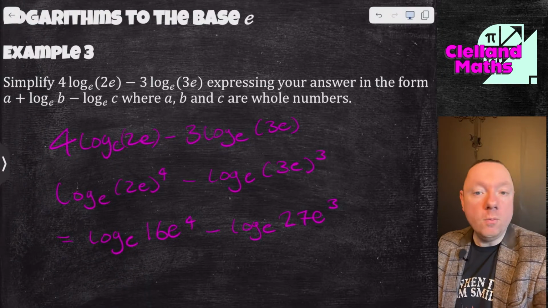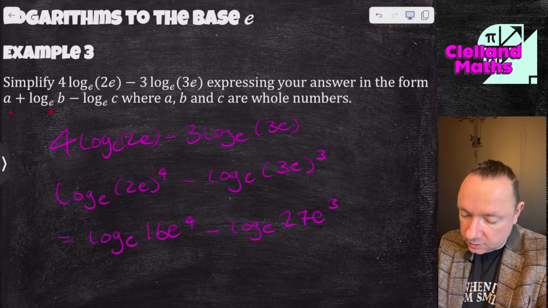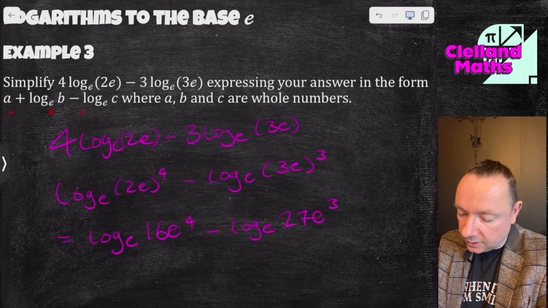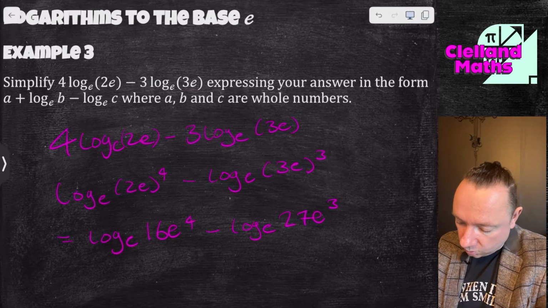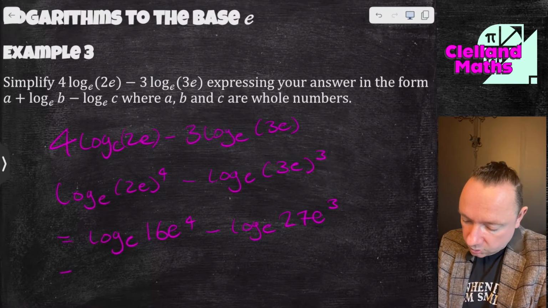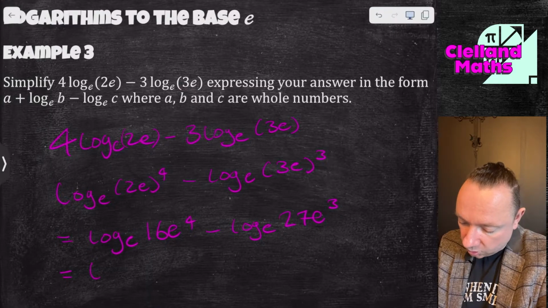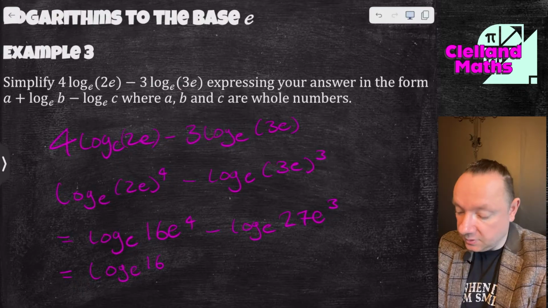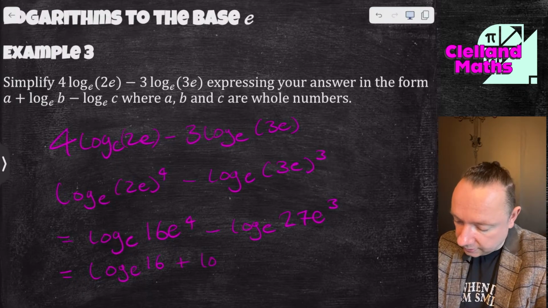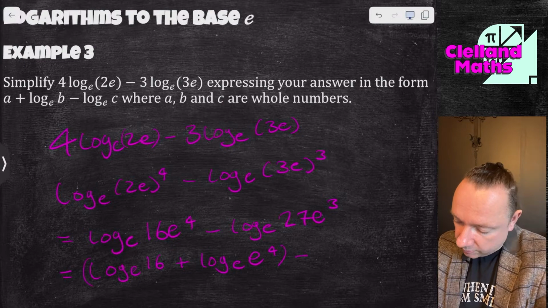Now looking at the form that we want it in, we want a number plus log base e b minus log base e of c. So I'm going to have to get a number somehow. So I'm just going to split this up into two logs. Log base e of 16 times e to the 4, so plus log base e of e to the 4, and then do the same for the takeaway one.